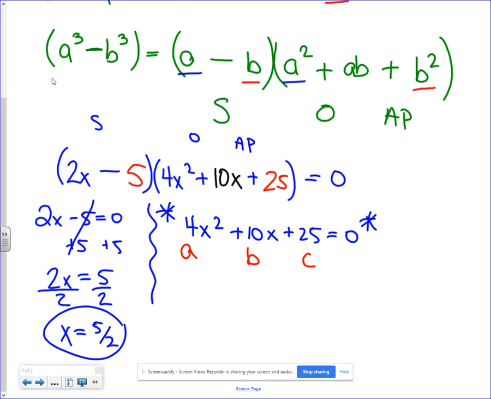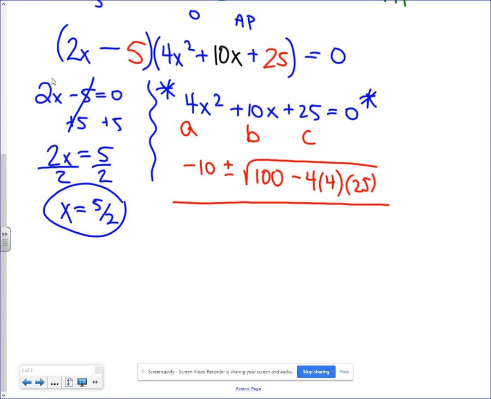So the opposite of B, so negative 10 plus or minus B squared. So 10 squared is 100 minus 4 times A, which is 4, times C, which is 25. And that's all over 2 times A, so 2 times 4.